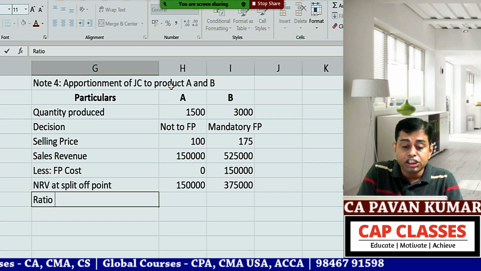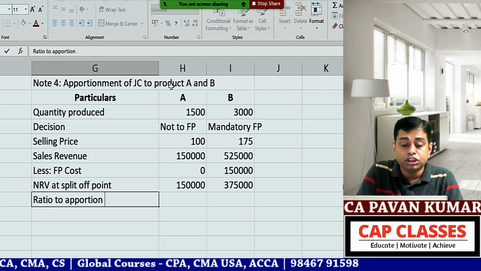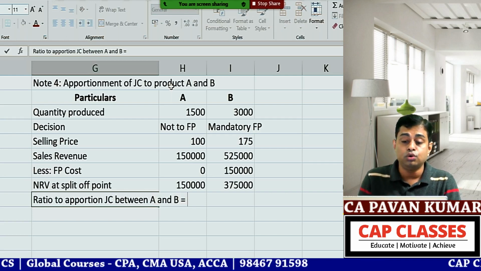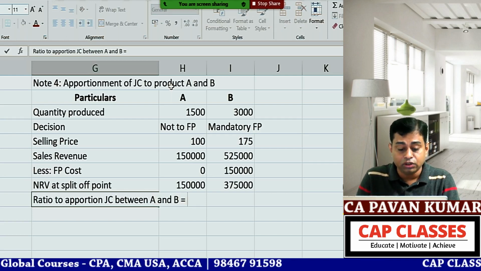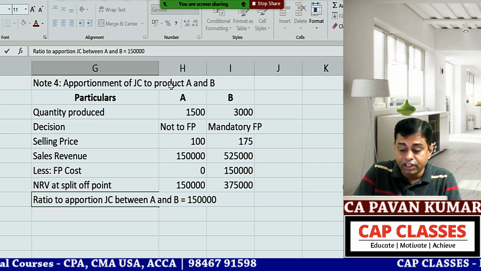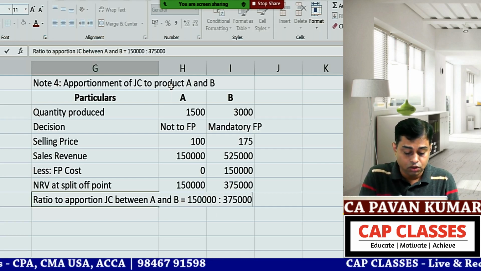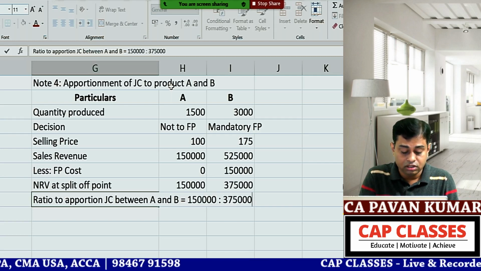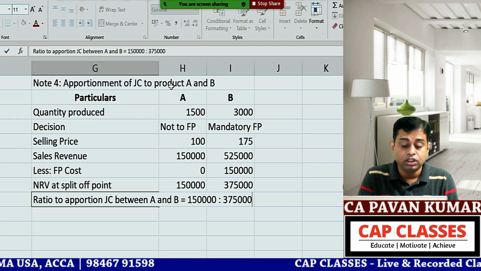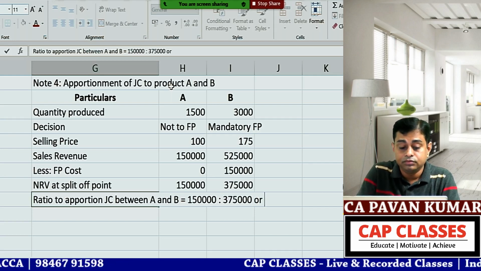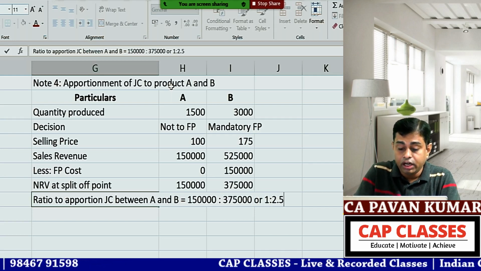Therefore, the ratio to apportion joint cost between A and B is 1,50,000 is to 3,75,000. So 3,75,000 divided by 1,50,000 will be 1 is to 2.5.